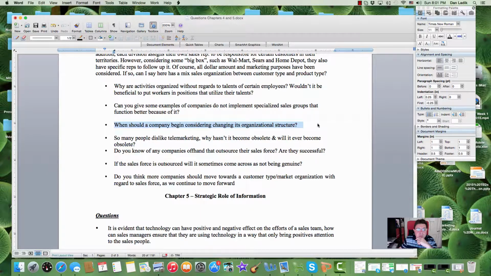When should a company begin considering changing the organizational structure? When there's a problem, or when something within an org structure is not happening a certain way. Say operations is having a lot of problems getting information to the sales force because operations is here and the sales force is over here in the org structure.